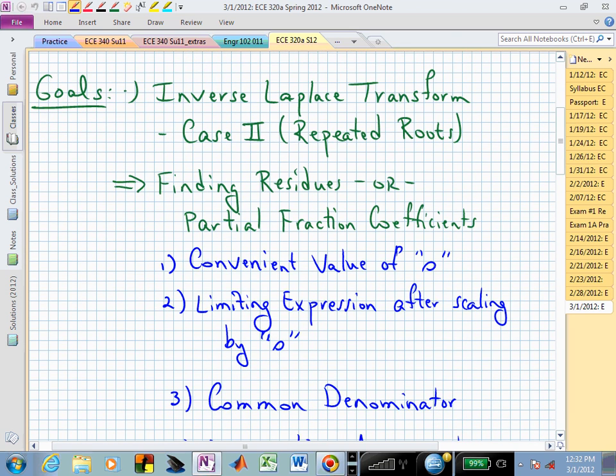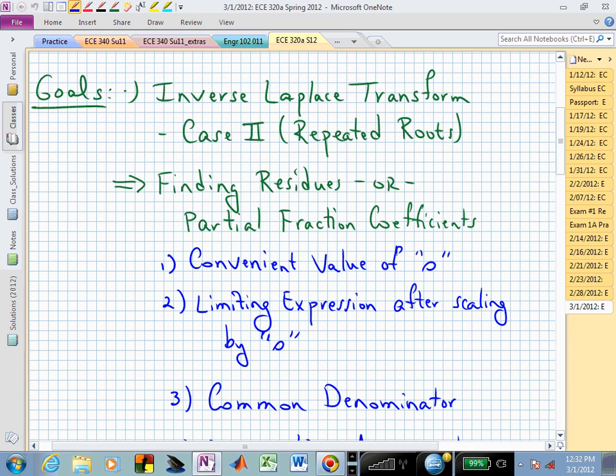Today what I want to talk about is case number 2 for inverse Laplace transforming, which means repeated roots, and how you find residues or how you find those partial fraction expansion coefficients. You can do it many different ways, and this allows us the opportunity to discuss that when we get into repeated roots.